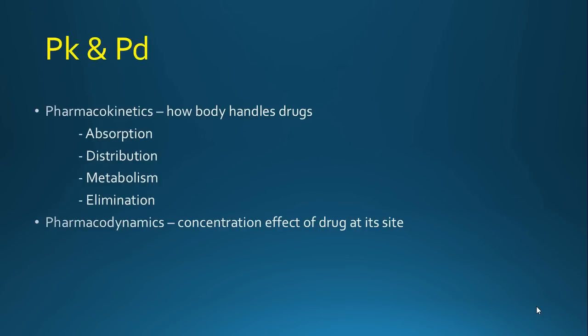That includes absorption, distribution, metabolism and elimination. And pharmacodynamics, which we classically learn in the early part of medical education: pharmacokinetics is what the body does to the drug, and pharmacodynamics is what the drug does to the body. Here it is a little bit different. Antibiotics actually do not act on the body, they act on the infective agents.